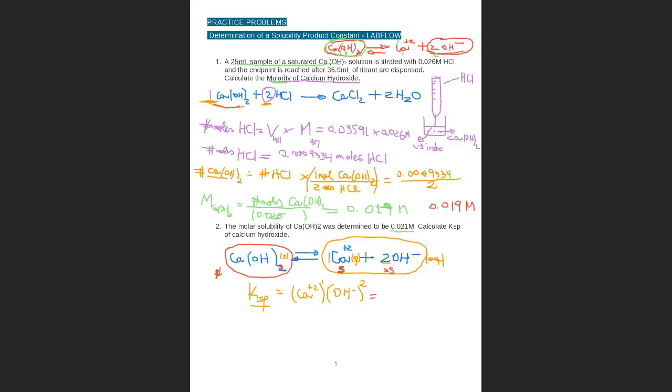What I'm trying to point out is that you need to look at the S and the 2S, at the coefficient of calcium hydroxide. If you know 1 mole of calcium and double of hydroxide, then you write the expression of the calcium times hydroxide ion squared. What is the concentration of calcium?